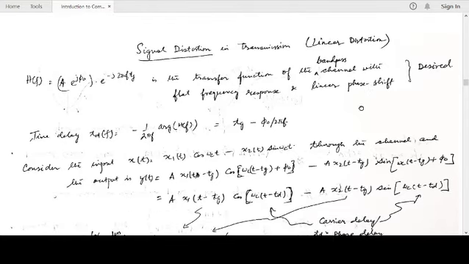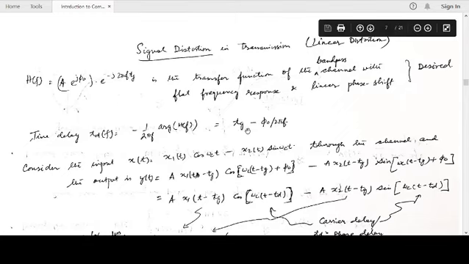Let's see. The phase shift essentially means delay in the time domain. The time delay Td is minus 1 by 2 pi f times the angle of H(f). If you substitute the angle value here, it is tg minus phi naught by 2 pi f. That's why it's a function of frequency.